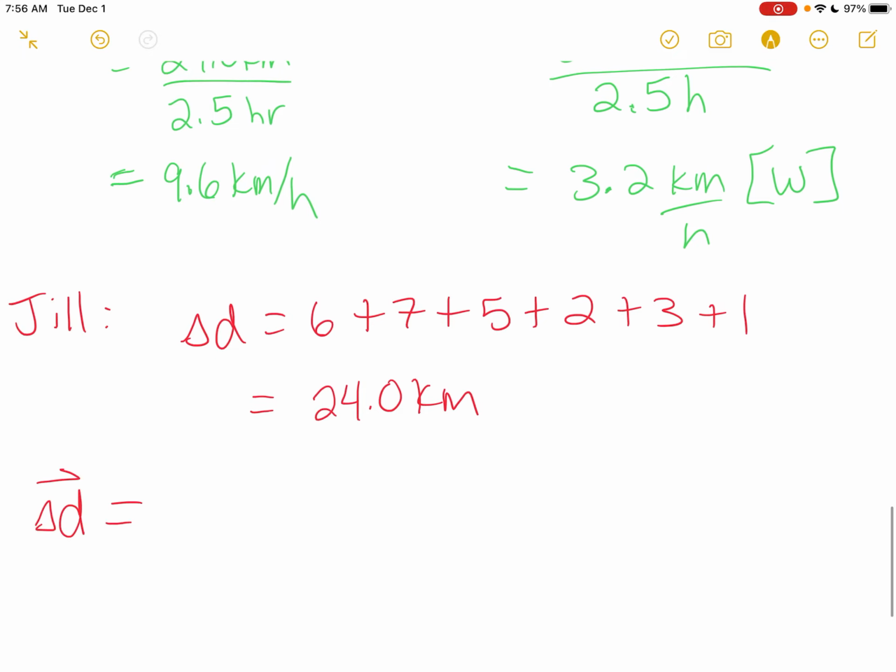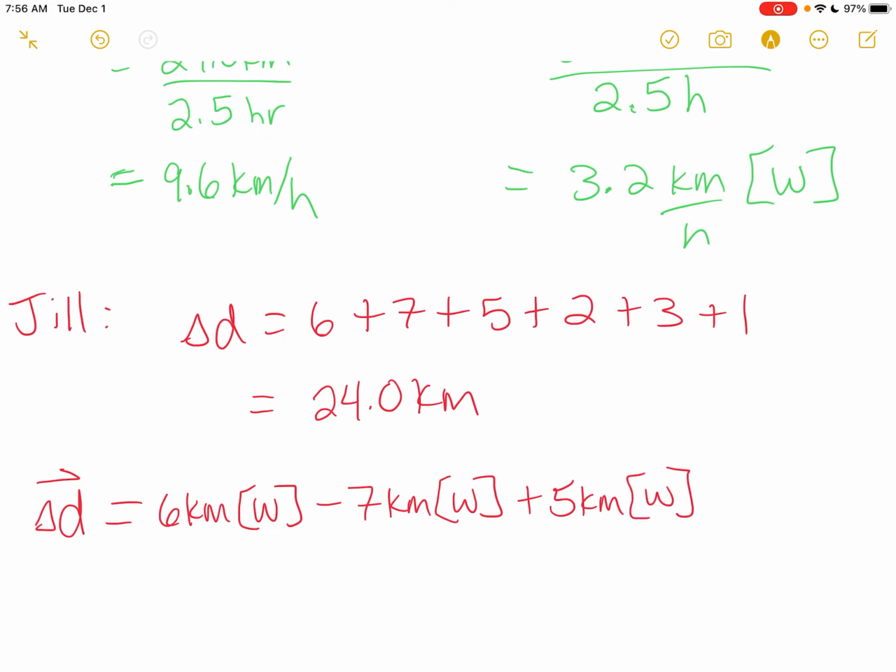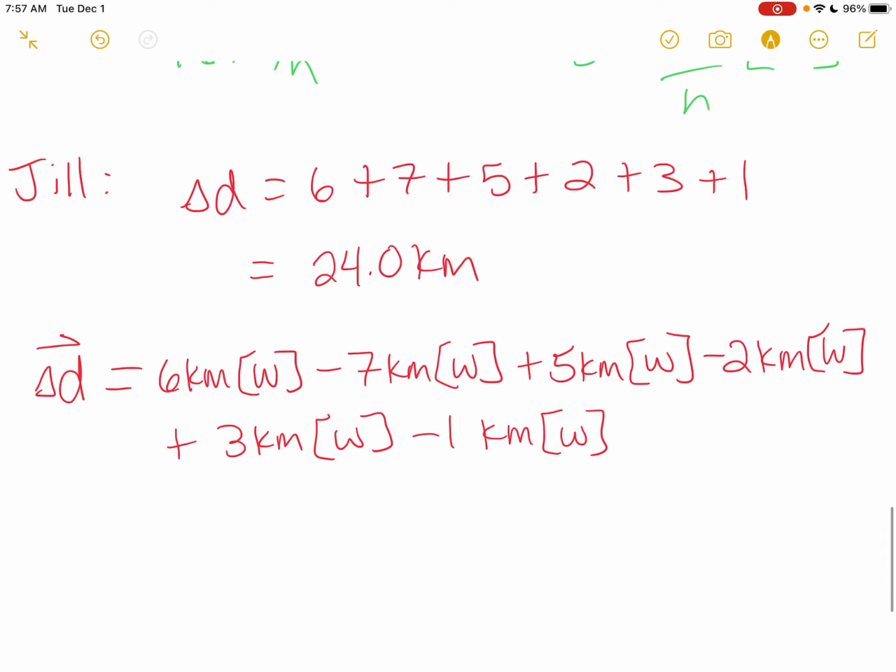For Jill's displacement, remember we have to use our directions. So she's going 6 kilometers west, and then 7 kilometers east, so that's negative 7 kilometers west, and then another 5 kilometers west, and then 2 kilometers east, so that's negative 2 kilometers west, and then another 3 kilometers west, and then another 1 kilometer east, so that's minus 1 kilometer west.